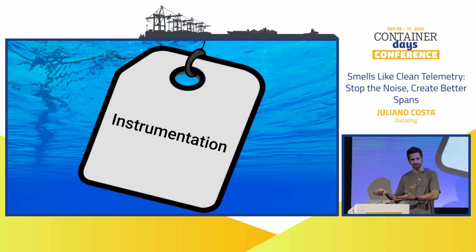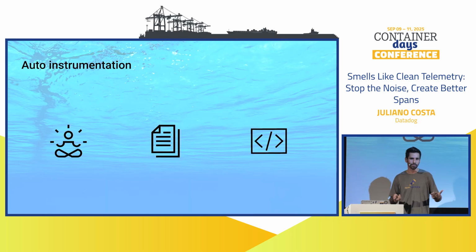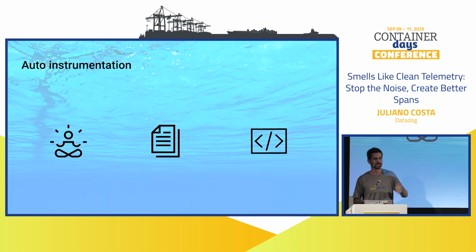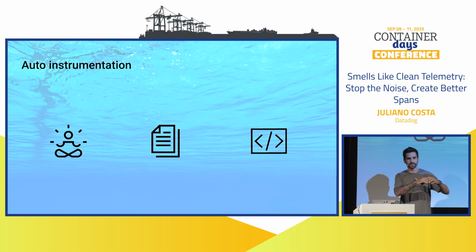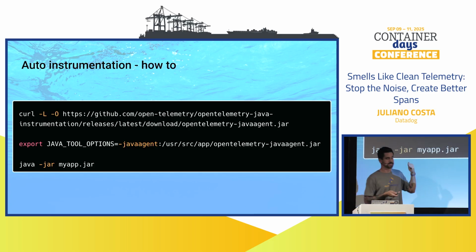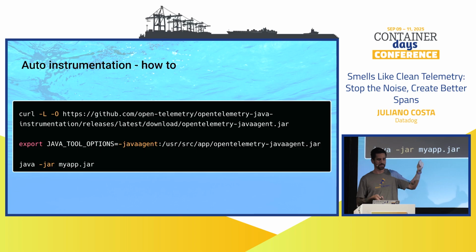So the spans are created through instrumentation, and we have 3 different ways. One is the auto-instrumentation, where you have an agent, a file, or a script that you call, and it starts together with your application and instruments your application for you. So here I have an example in Java, where in the first step, I download the agent. In the second step, I pass the Java agent parameter to my JVM, pointing to the agent that I just downloaded. And in the third step, I start my application.